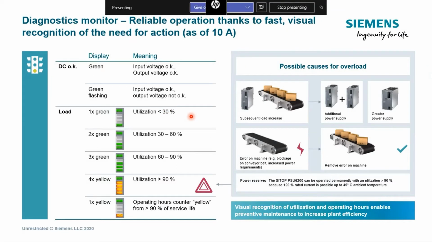So if it's a 10 amp power supply, then you are from 0 up to 30%, so up to 3 amps. Actually, up to 3.3 amps. If you have 2 green, then you are consuming between 30 and 60%, so maybe 3.3 up to 6.6.